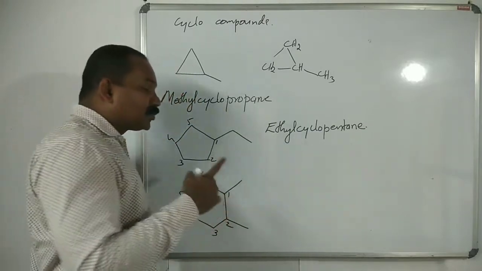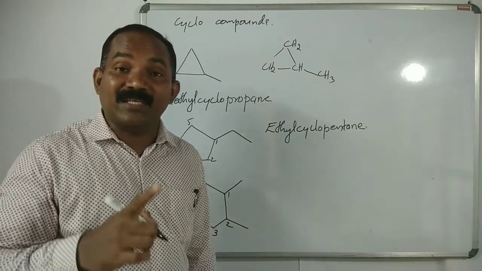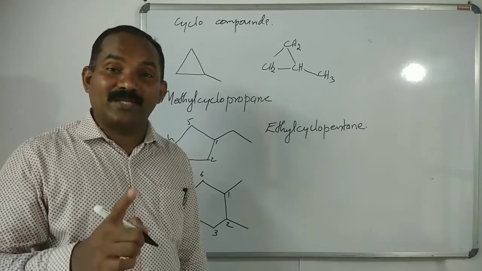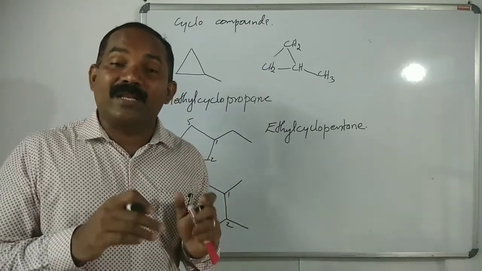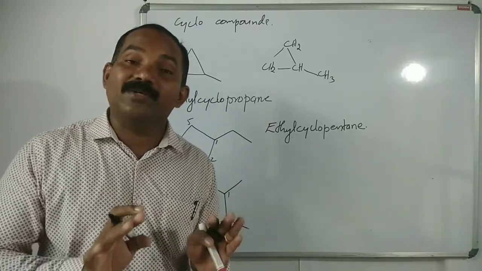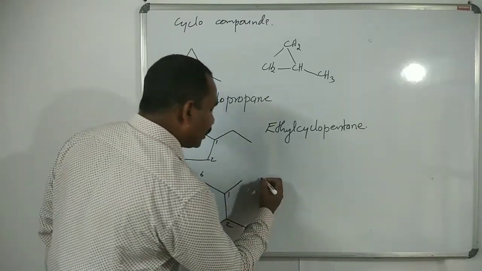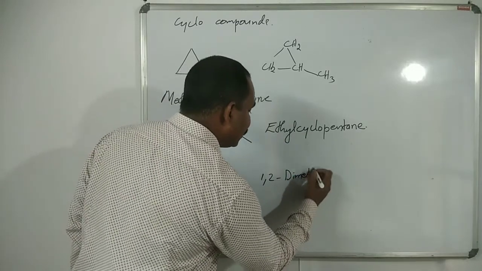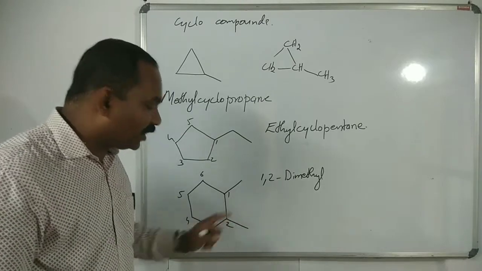If two or more substituents are present in the cyclic compound, you should mention the position. With only one substituent or functional group, there is no need to mention the position because it comes on the first carbon atom. So here it is 1,2-dimethyl. The first and second positions contain a methyl group.